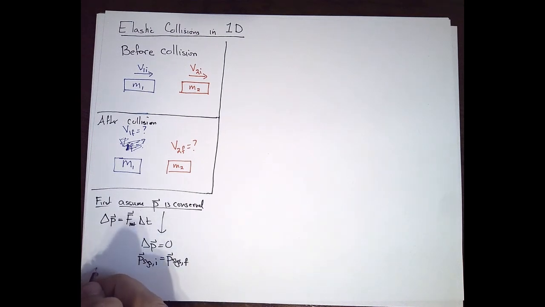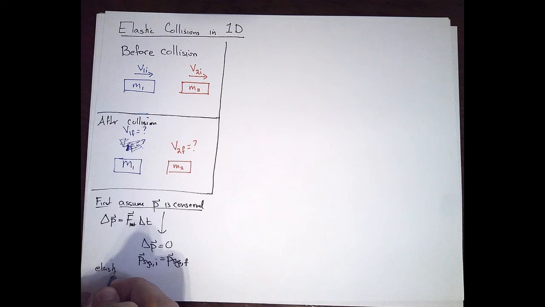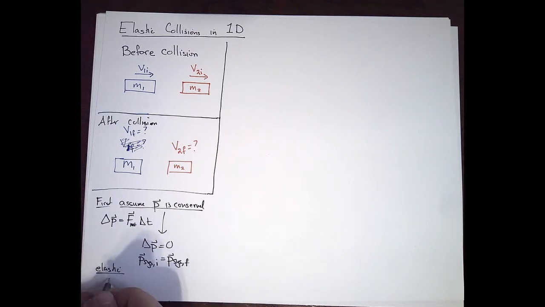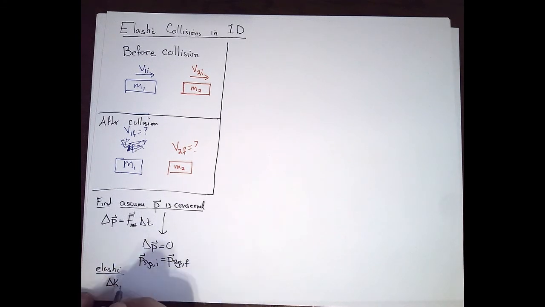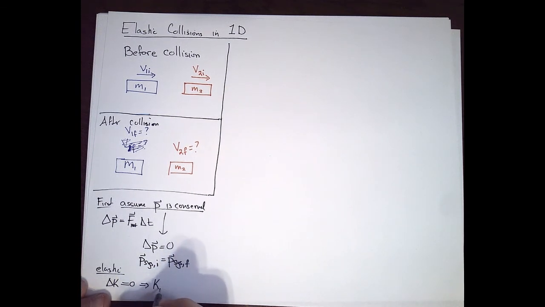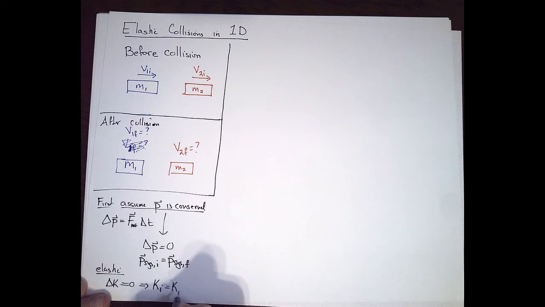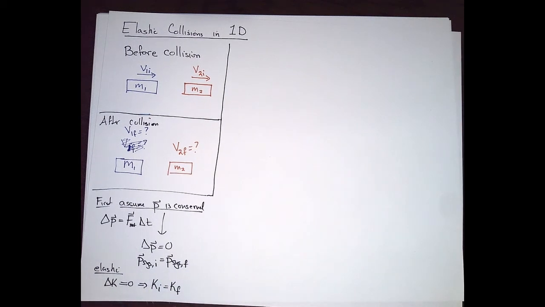We're also told it's elastic. So that tells us that the kinetic energy doesn't change, and that means that the kinetic energy initially is equal to the kinetic energy at the end. So these are the two things we know. 1, we're going to assume momentum's conserved, and 2, we're told right here that the collision's elastic, so kinetic energy is conserved. What can we do with that?